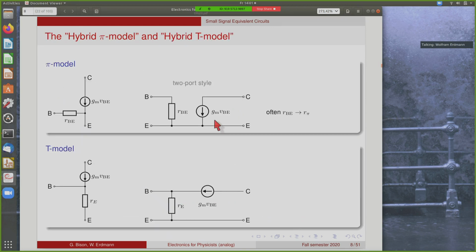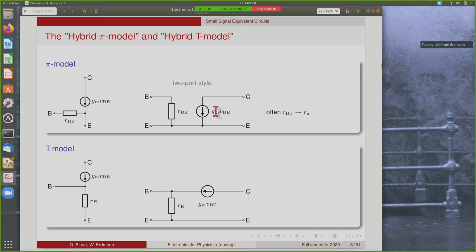Now these two have names. The first one, where you have the base emitter resistor, is called the pi model. It is often shown in the style on the right-hand side, which is inspired by the two-port picture, where you have base and emitter on the left-hand side and collector and emitter on the right-hand side.